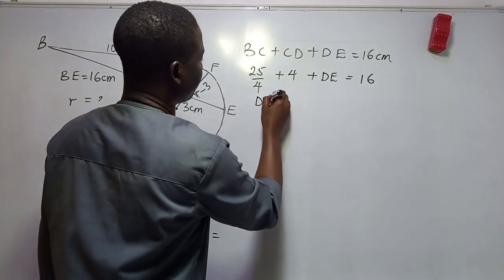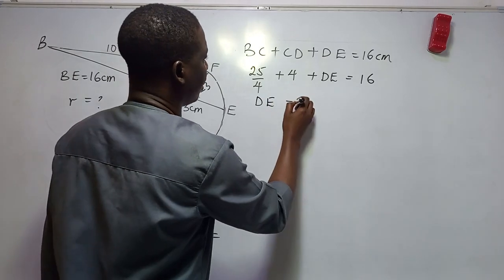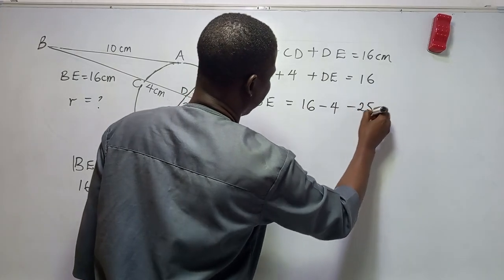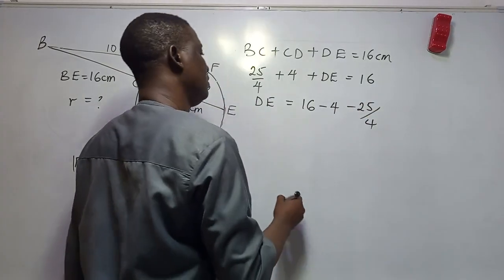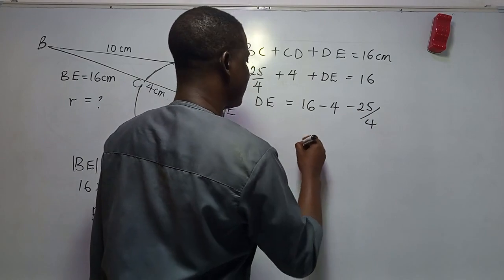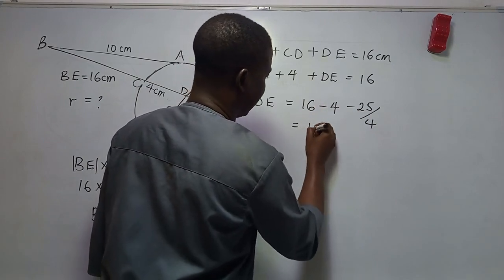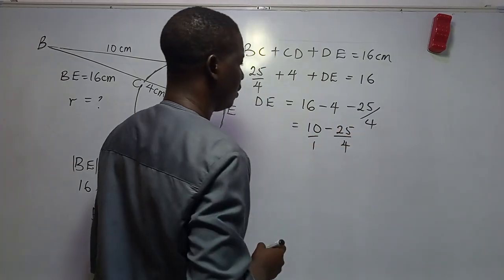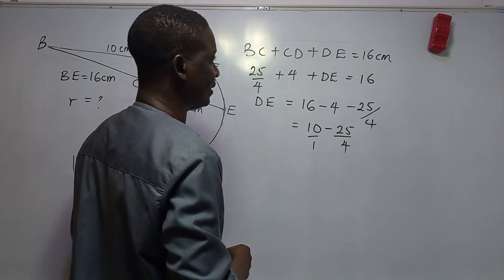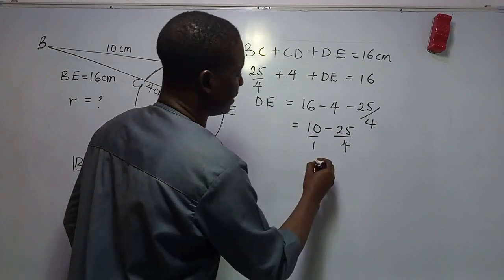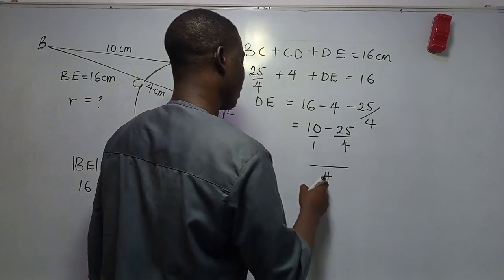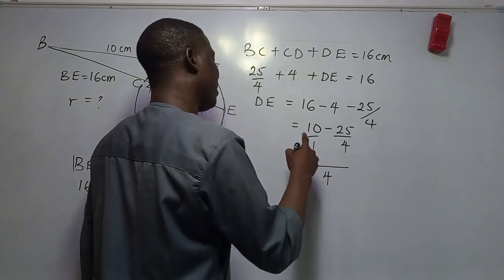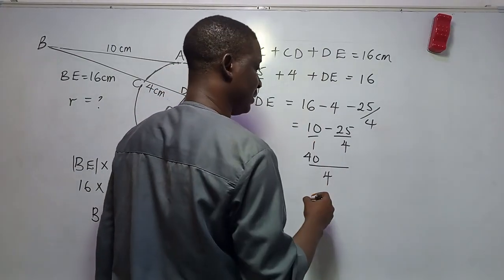Therefore, DE is equal to 16 minus 4 minus 25 over 4. So what is the LCM? This gives us 12 minus 25 over 4, equal to 12 over 1. Now I want to find the LCM, which is 4. 4 divided by 1 is 4, 4 times 12 is 48.